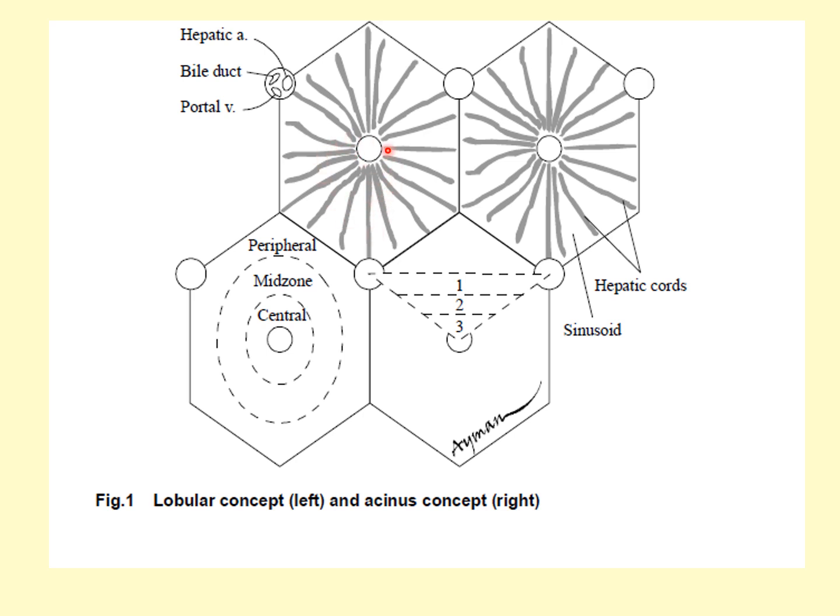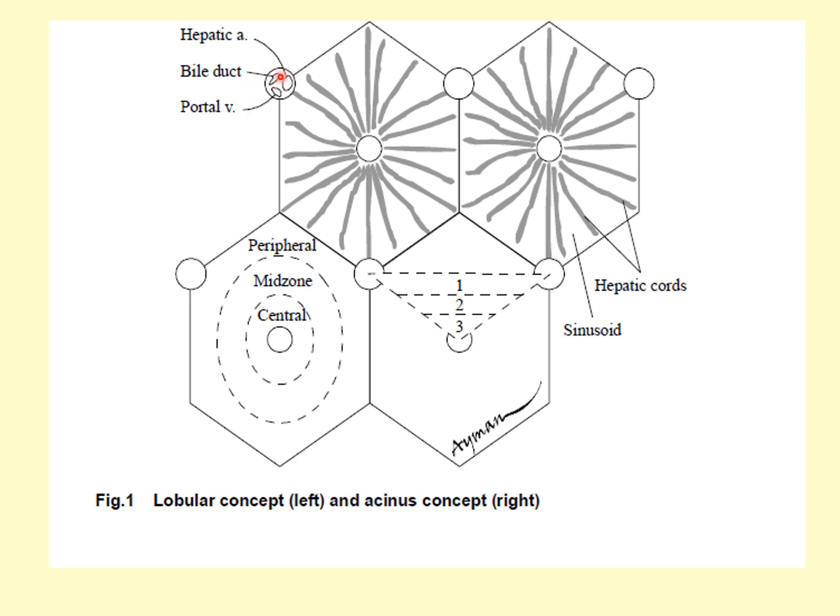Here the pericentral zone, or zone 3, is more prone to necrosis, while the periportal or peripheral zone, zone 1, is more prone to toxic injury, because the liver handles all the metabolites.